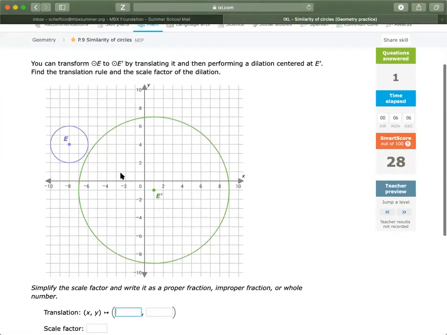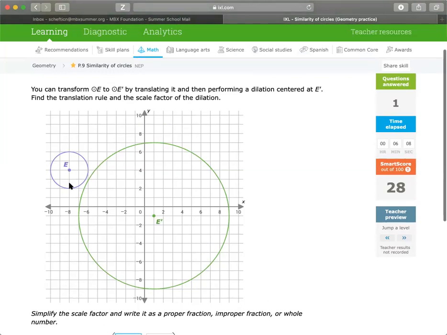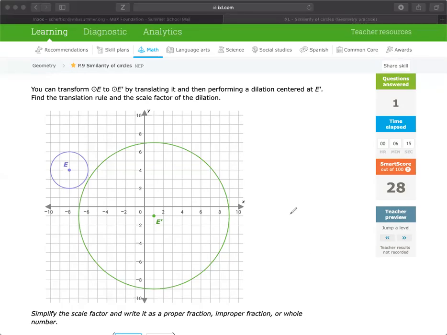This one is going to be E at -8 and +4. So let me draw that out for you. Okay, -8 and 4. And then I'm going to move all the way to, what is this? 1 to the right, and then down -1.